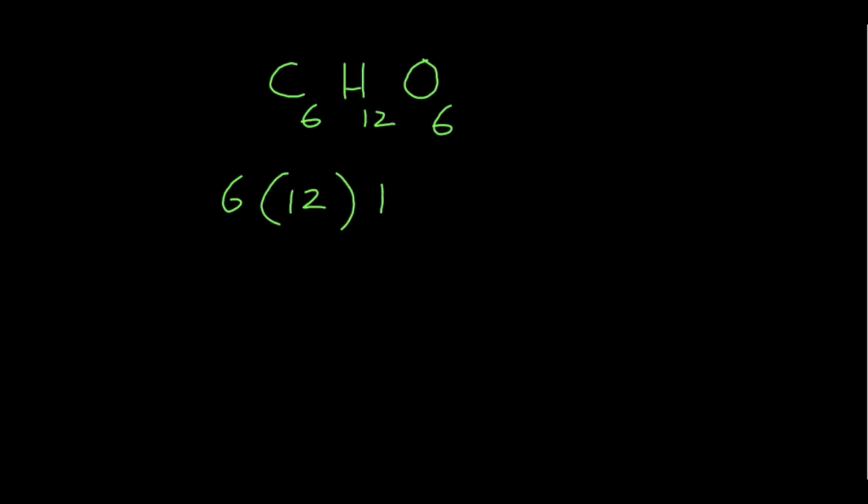Plus how many atoms of hydrogen are there? We have 12 hydrogen atoms and the atomic mass of hydrogen is 1 atomic mass unit. Usually 1.008 is not written. We will take 1 atomic mass unit as the atomic mass of hydrogen. Plus 6 atoms of oxygen are there and the atomic mass of oxygen is 16 atomic mass unit.